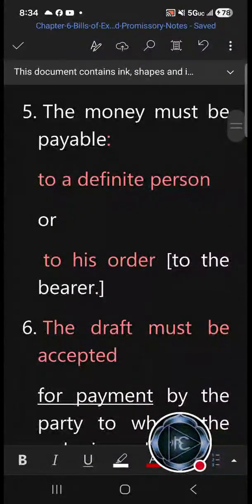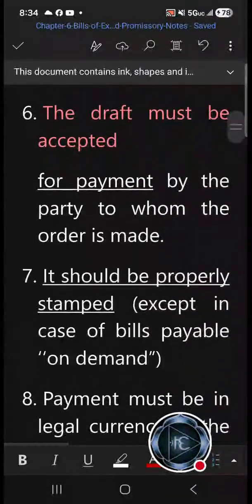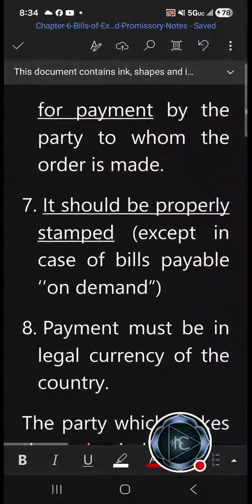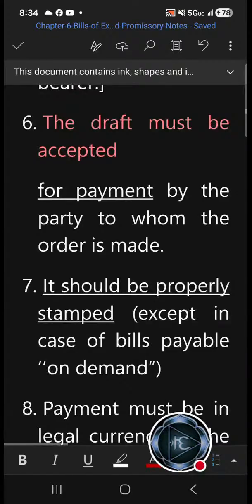The money must be payable to a definite person. The draft must be accepted for payment by the party to whom the order is made. And so if T-Mobile says, this is a different company, we no longer accept checks for payment, specifically personal checks, we don't honor personal checks any longer.